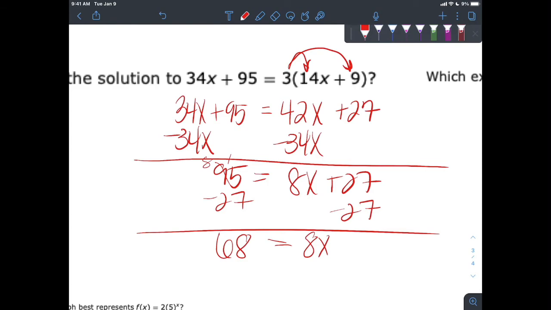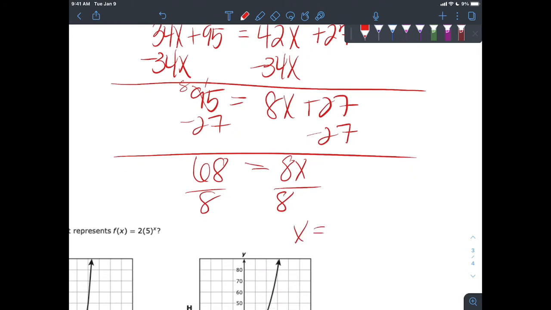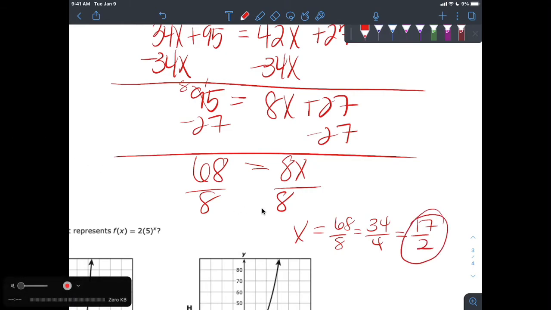And of course, a great divide. And I end up with an answer of 17/2.